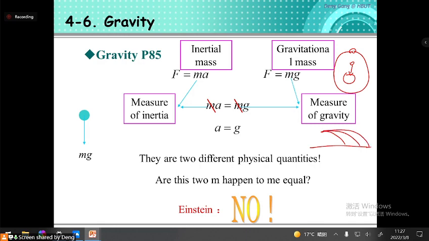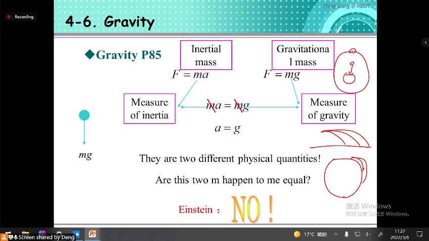That's on a flat surface, but our Earth is not flat. It's a spherical surface, a curved surface.